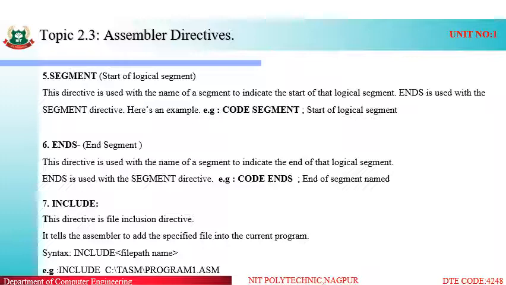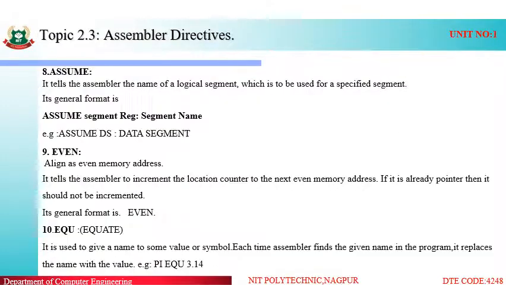Similarly, the ENDS directive is used to specify that a particular segment is ending. Code segment means code segment is starting. Code ends means code segment is ending. Data segment means data segment is starting. Data ends means data segment is ending.